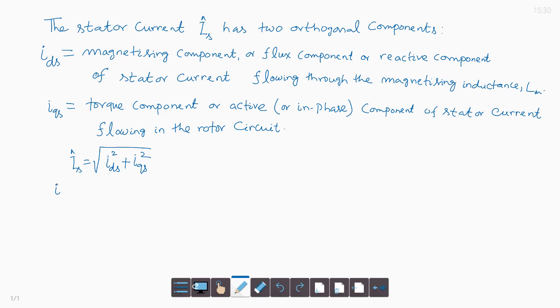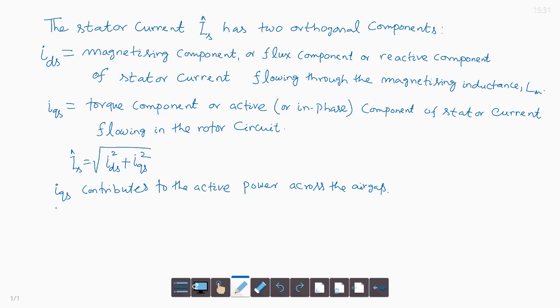IQS, the active component, contributes to the active power across the air gap. So, it is the active component.